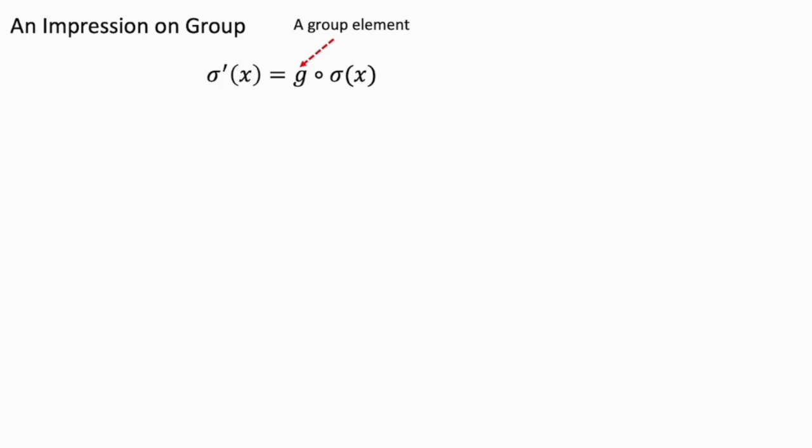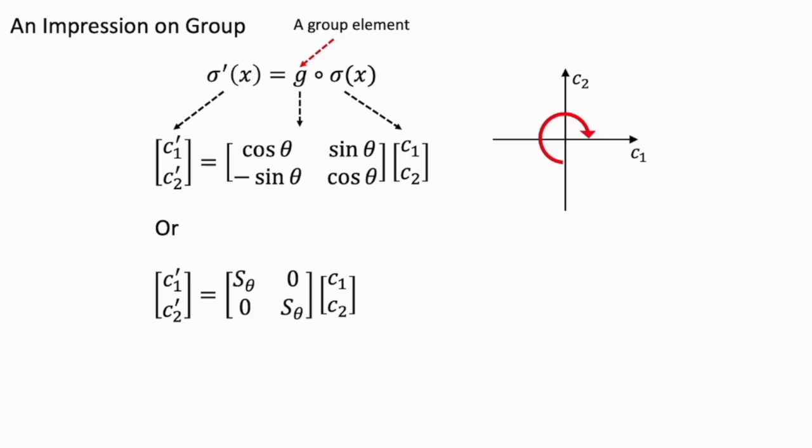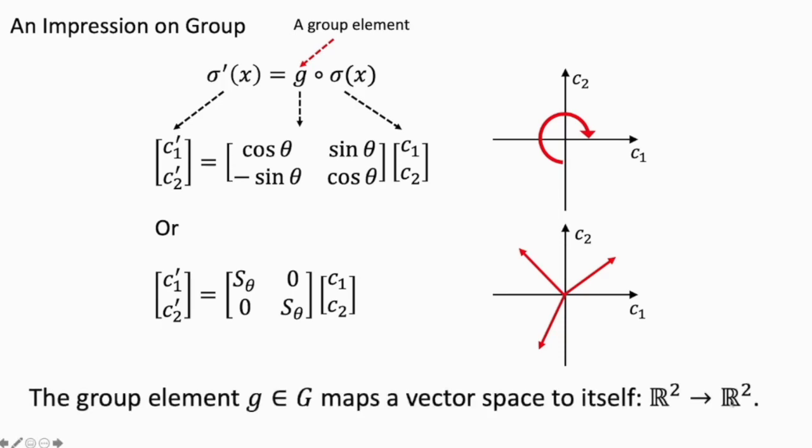We can expand this equation as an example in this way, where the representations are vectors, while the transformation group element is an invertible matrix. In this example, the group element G is trying to rotate the latent space. We can also show the other example here of the scaling. You can see in this case, the group element G actually maps a vector space to itself.